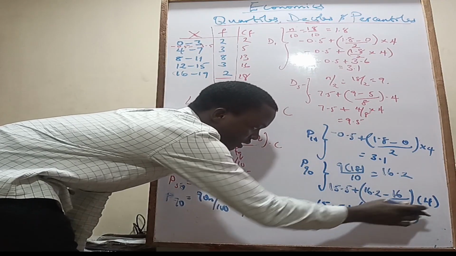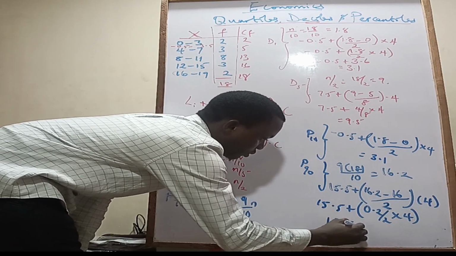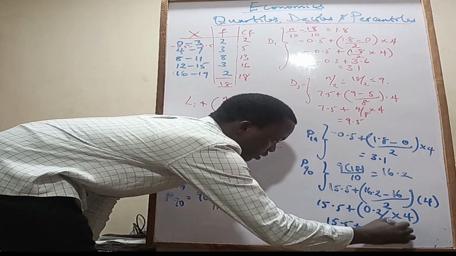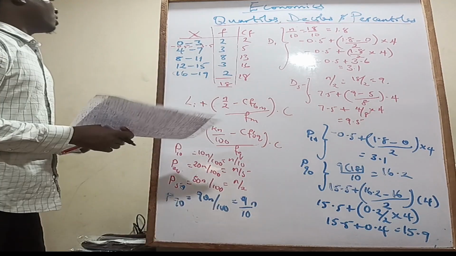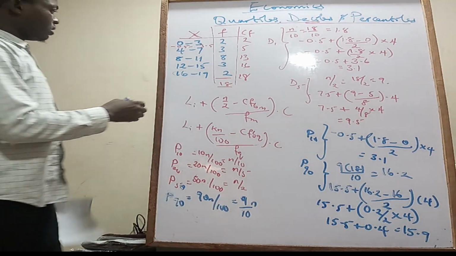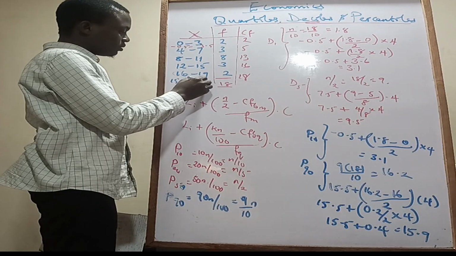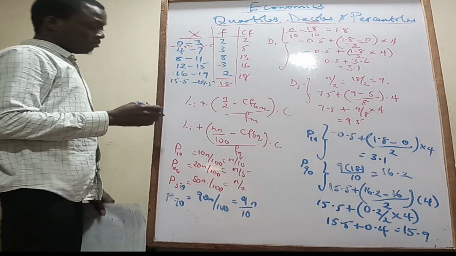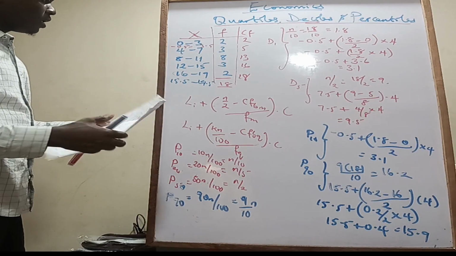This is 0.4. 15.5 plus 0.4 equals 15.9. Does that make sense? The class boundary of this class is 15.5 to 19.5. So 15.9.